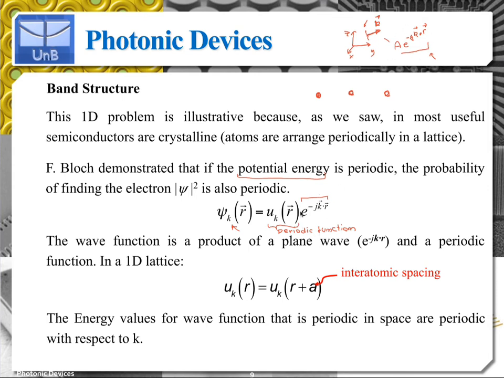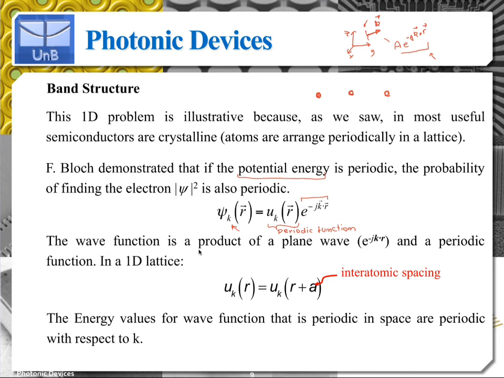So this describes a plane wave. And therefore this term right here describes a plane wave with an amplitude of 1, associated with a wave propagating in the direction of k. Okay, so k is the wave vector. And, well, that's it. So if the potential energy is periodic, the wave function is going to be given by the product of a periodic function u of k times a term that corresponds to a plane wave.